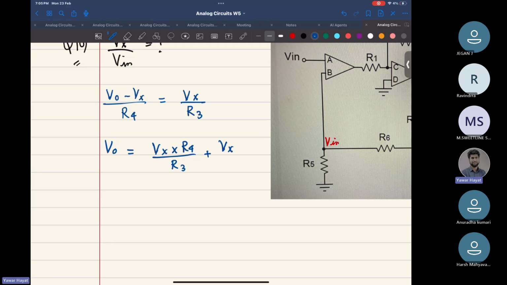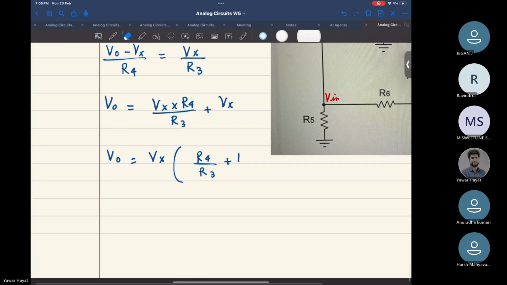What is Vx by this? Okay, let's proceed step by step. So your V output is nothing but Vx times R4 by R3 plus 1. Correct? And from this, Vx would be how much?